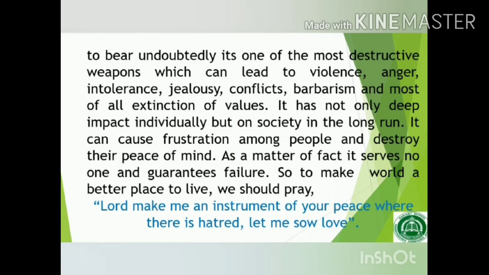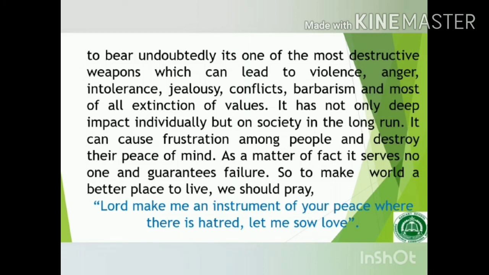Jealousy, conflicts. What are conflicts? The clash or disagreements between people, groups. Barbarism, when there is absence of culture and civilization in the society. And most of all, extinction of values. It can extinct the values in the society.